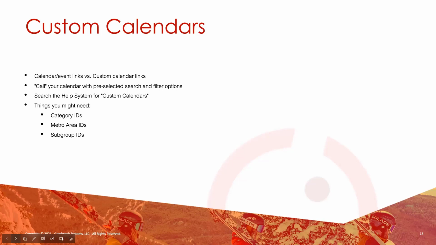Creating a custom calendar is actually fairly simple, and we outline all of the different pieces of information that you might need. We also tell you where to get them. So your category IDs, your metro area IDs, and your subgroup IDs, we show you where to get all of that information, and you can create those custom calendars for your own site.